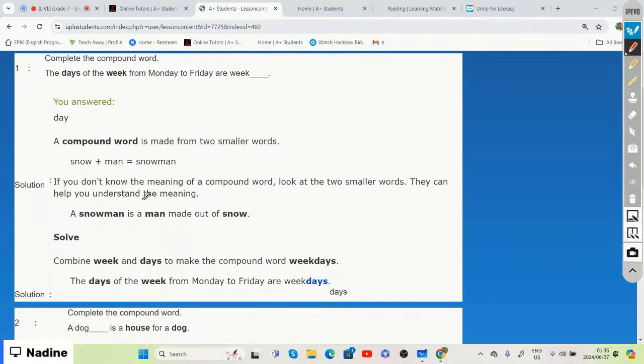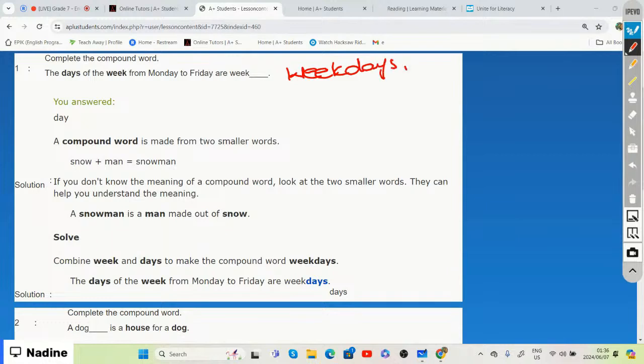All right. So we say that the days of the week from Monday to Friday, we call those weekdays. And we still write it as one word.